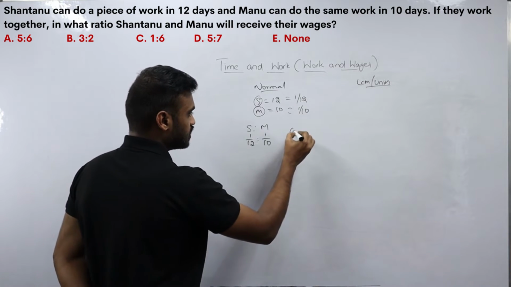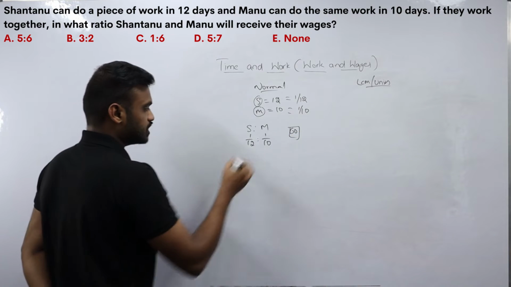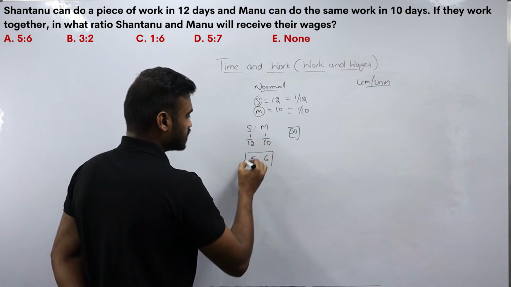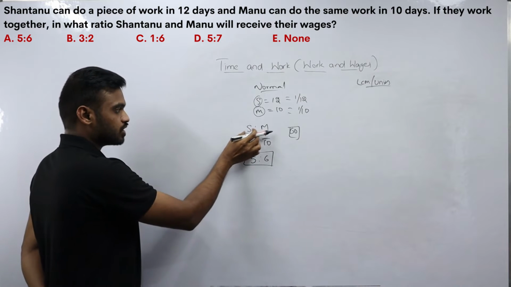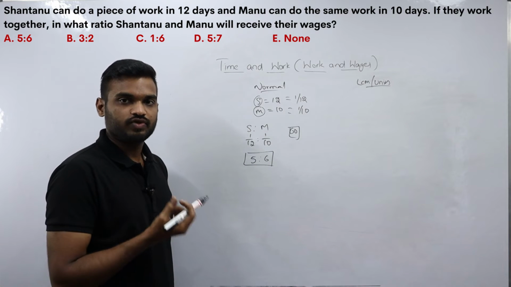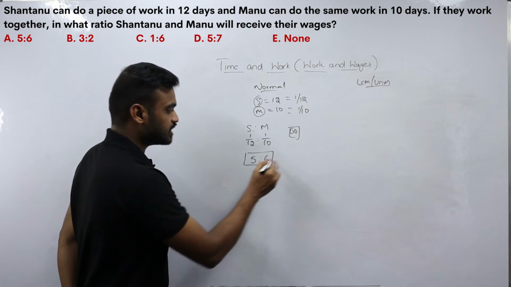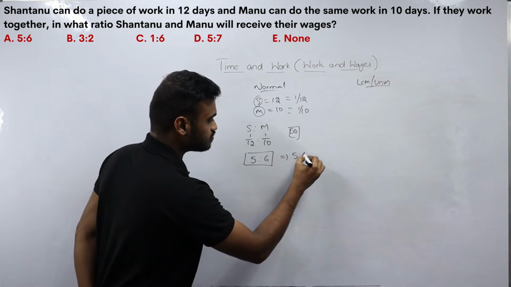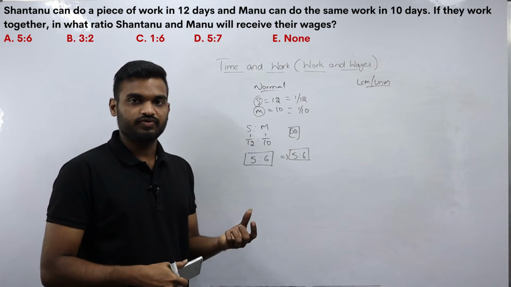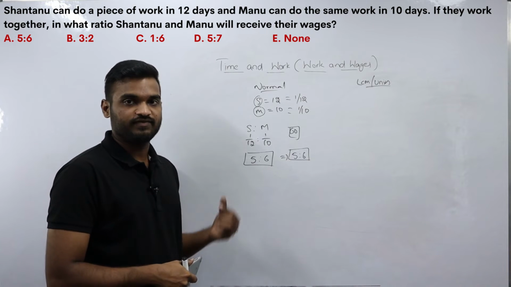Now 1 by 12 into 60 is 5, is to 1 by 10 into 60, which is 6. The ratio of their efficiencies, Shantanu and Manu, is 5 is to 6. The total wages also will be divided among Shantanu and Manu in the same ratio, right? Because I have already told you the total wages will be divided among the persons based on their efficiency.